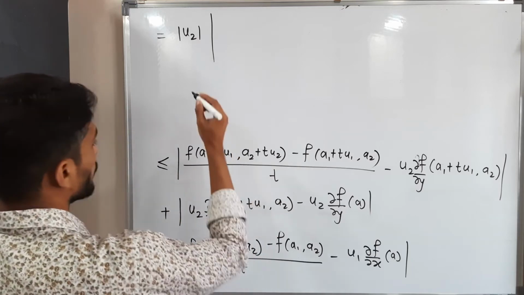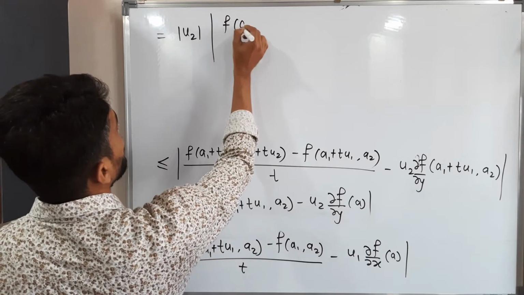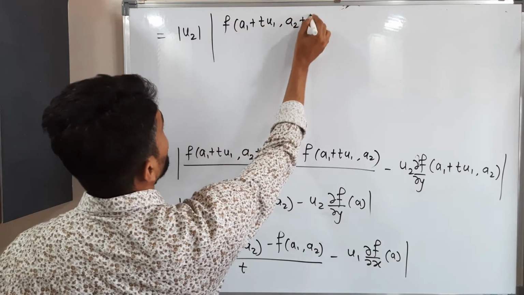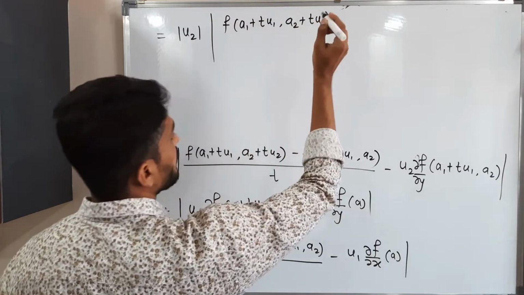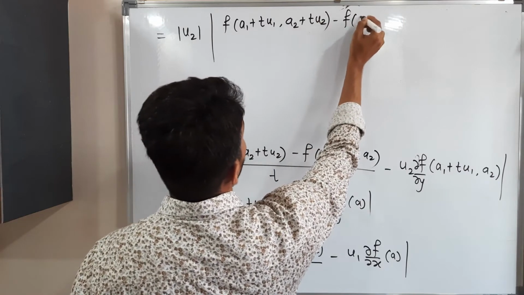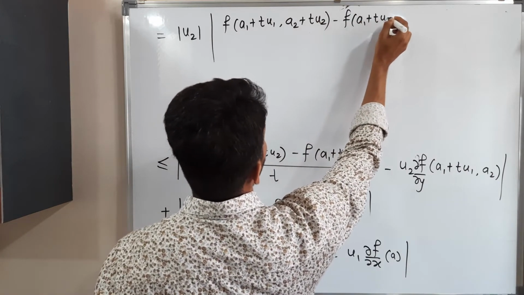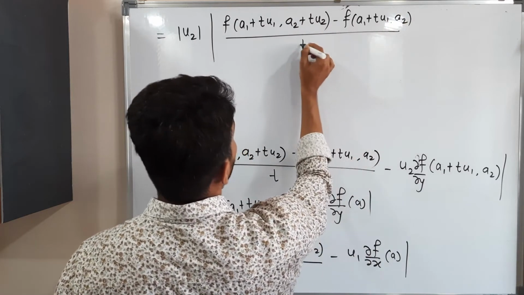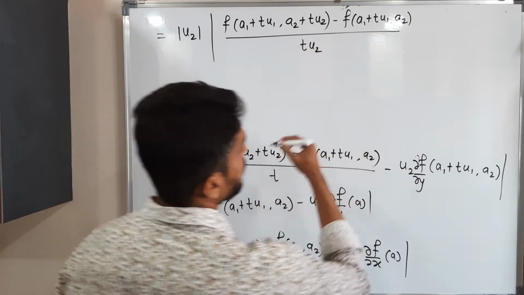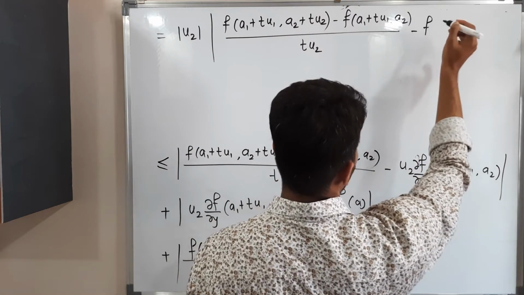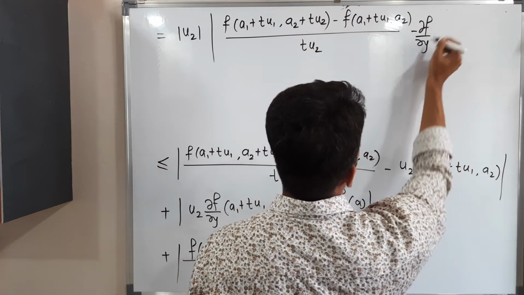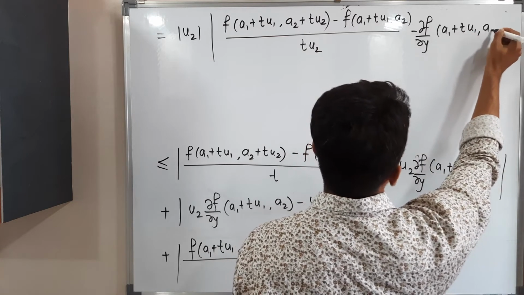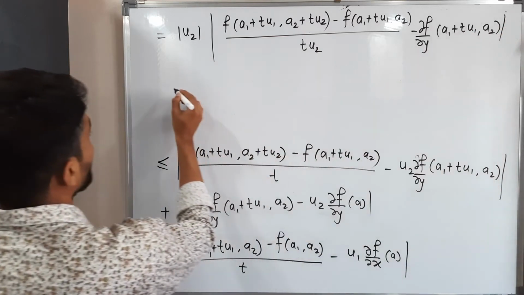Then if I write u2 outside, f of (a1 plus tu1, a2 plus tu2), right, minus f of (a1 plus tu1, a2), divided by tu2. So that u2 we have taken outside, so del f by del y at (a1 plus tu1, a2). Okay, so first mod is over.